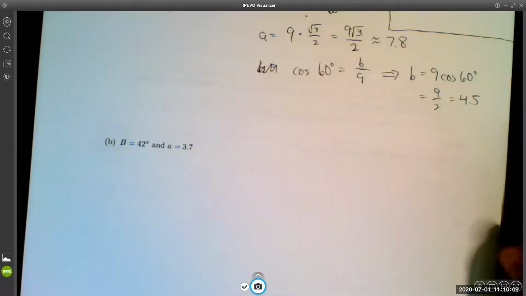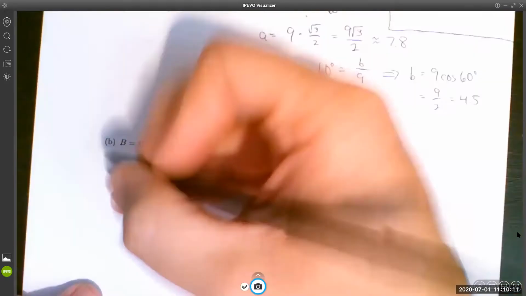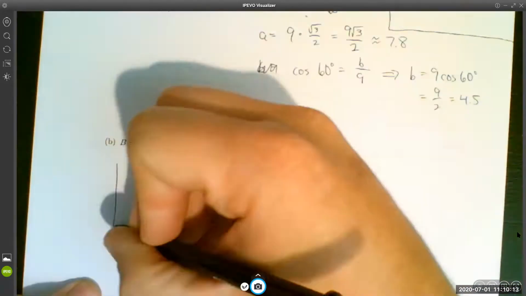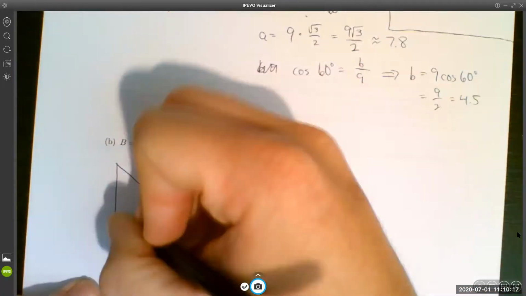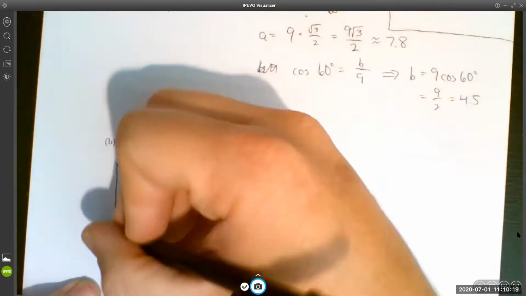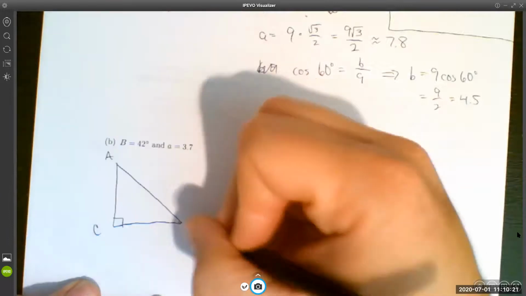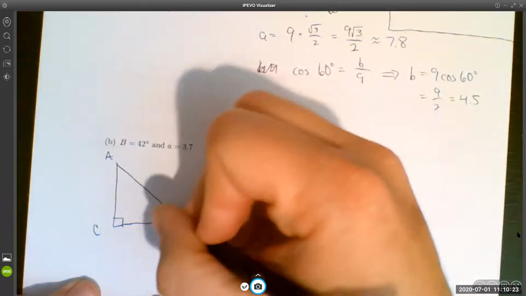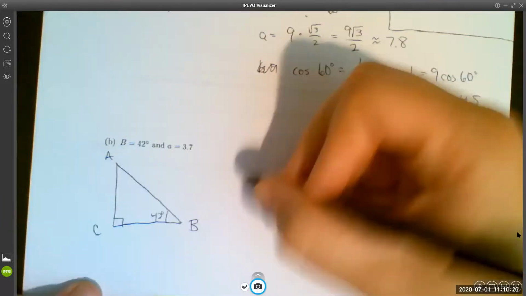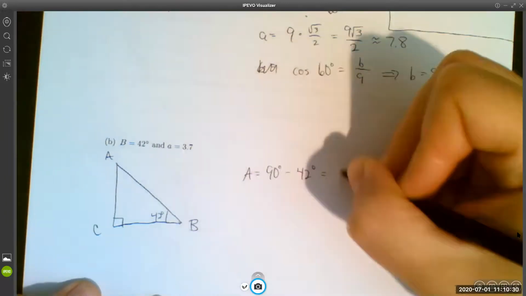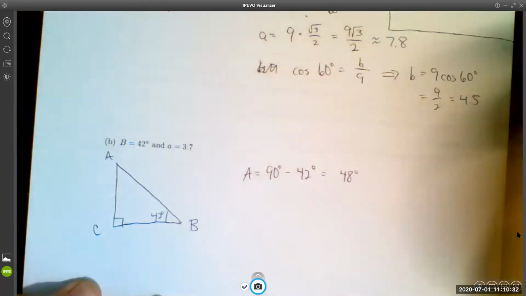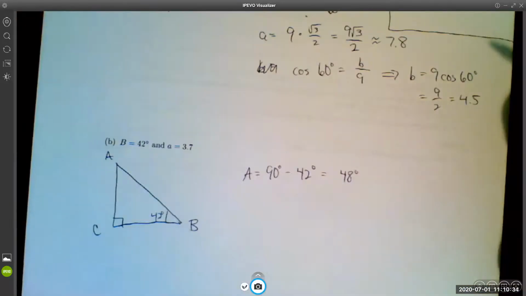Okay, here's my solution. So I think A is going to be 48 degrees.